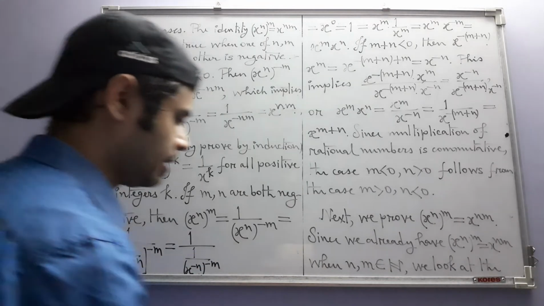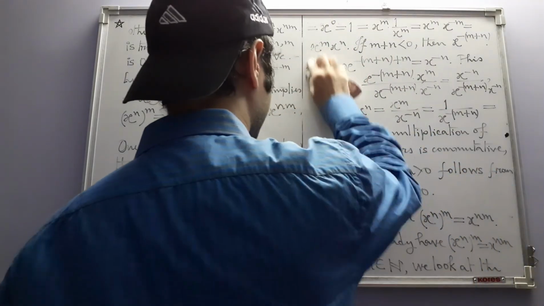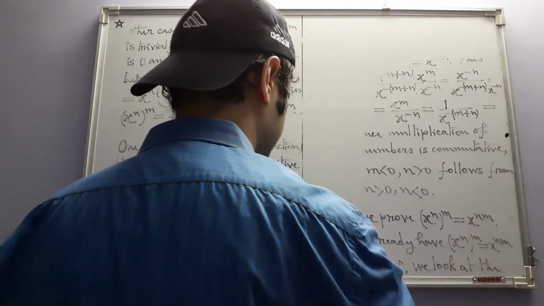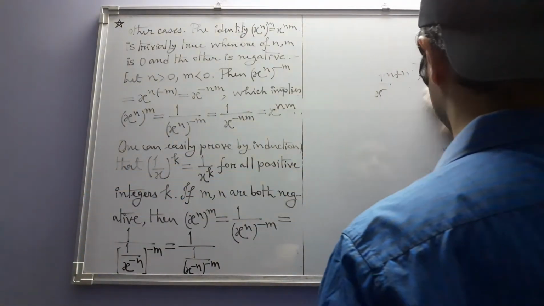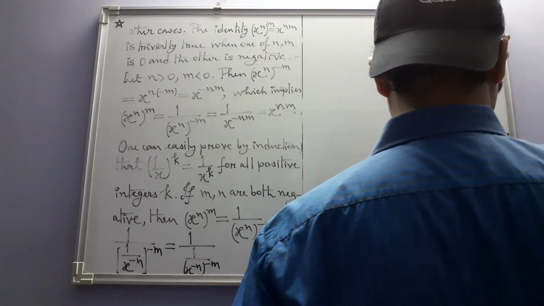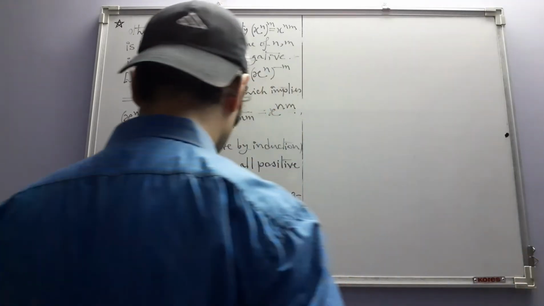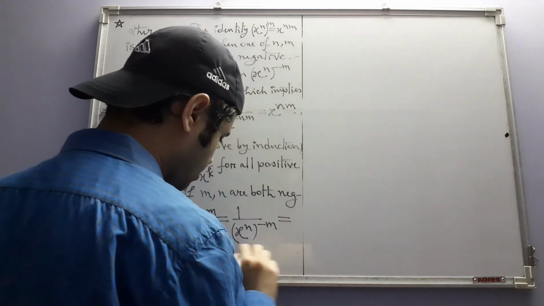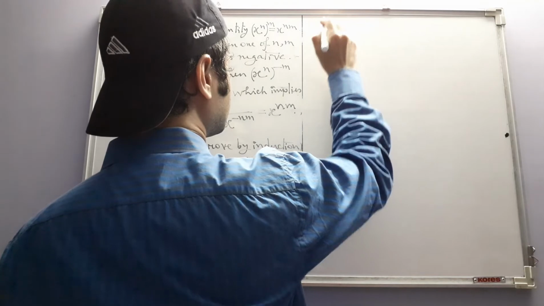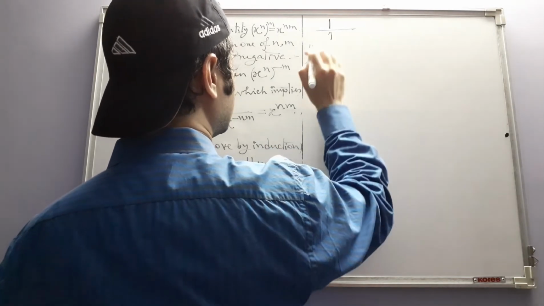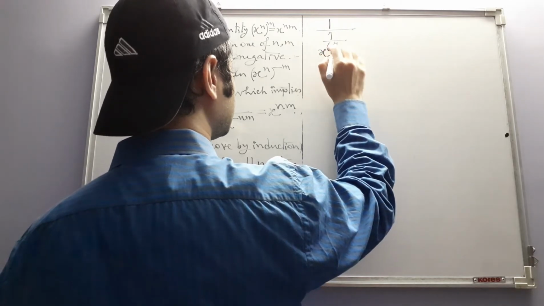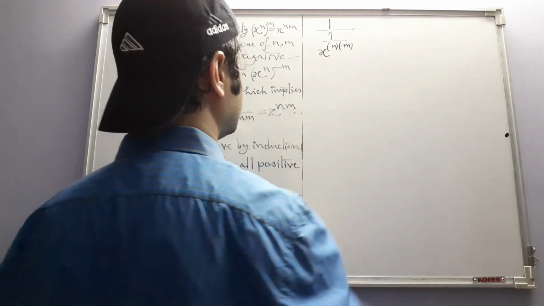Okay, I think it's better to continue from there. And this thing is equal to 1 over 1 over x to the power minus n times minus m.